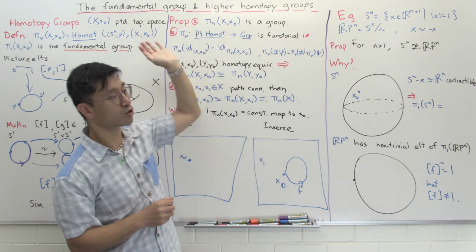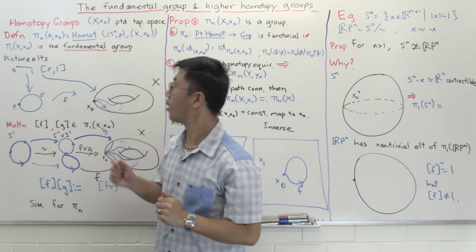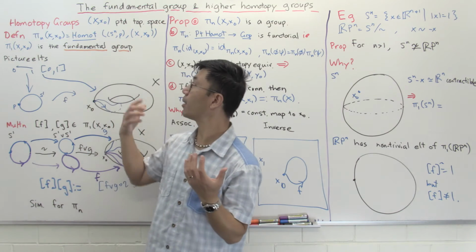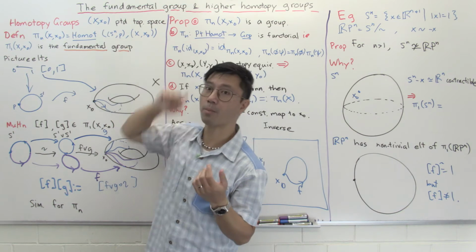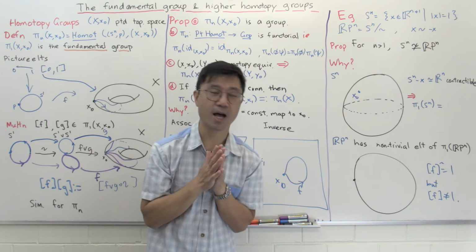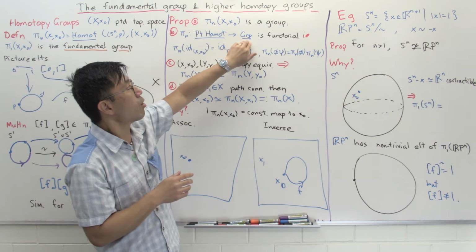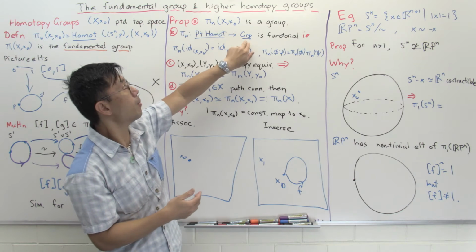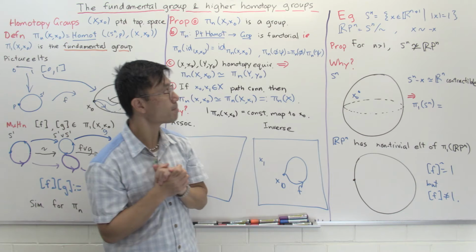And in fact, this is functorial. That also means that if you're given a continuous map of pointed topological spaces, or even a homotopy equivalence class of them, you'll get a corresponding map on the homotopy groups.